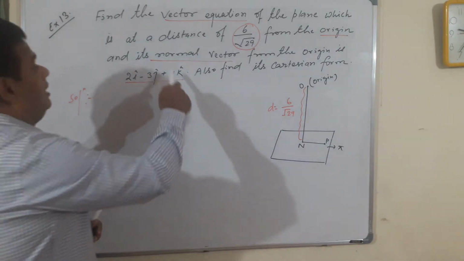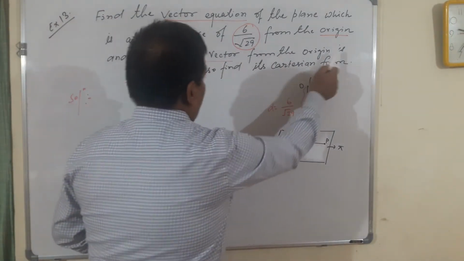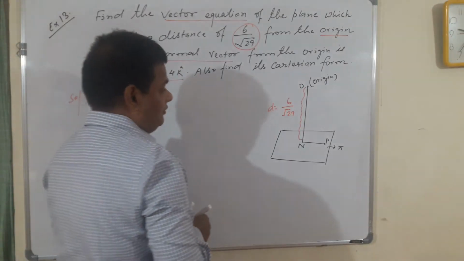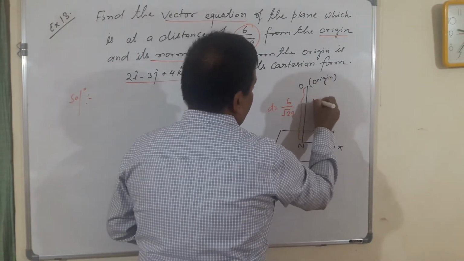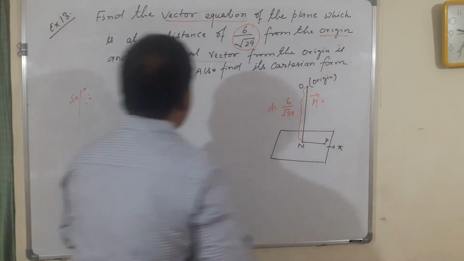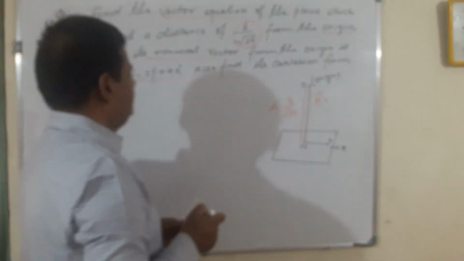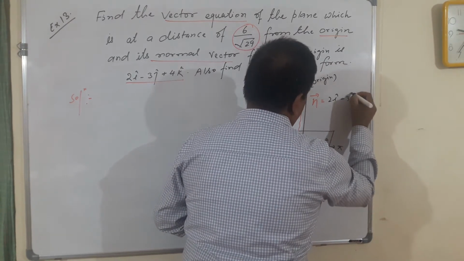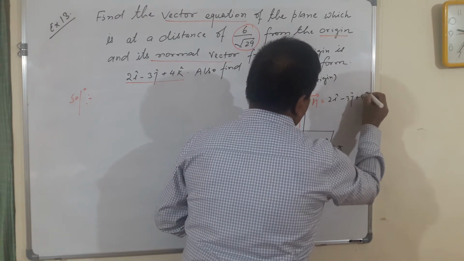Now the normal vector from the origin is 2i minus 3j plus 4k. So vector n is given.